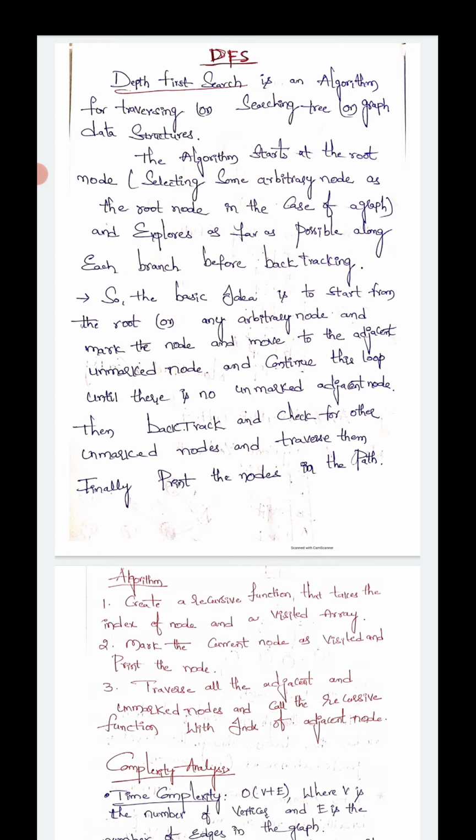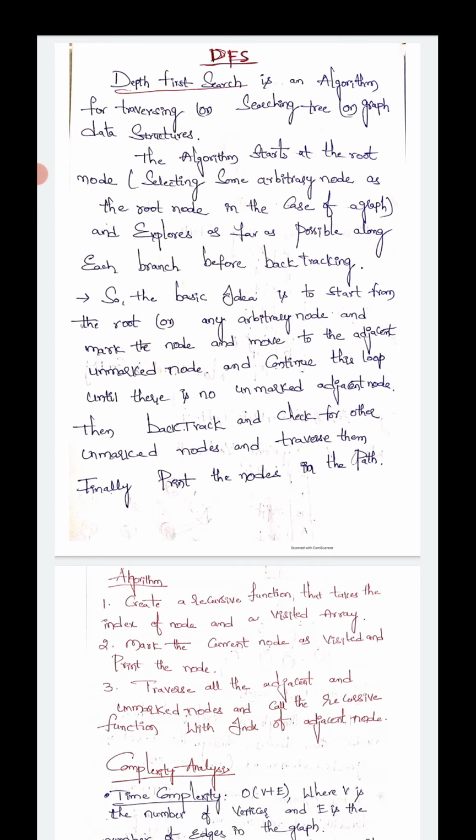So the basic idea of depth first search is to start from the root node or any arbitrary node and mark the node. Then we move to the adjacent unmarked nodes and continue this loop until there are no unmarked adjacent nodes.